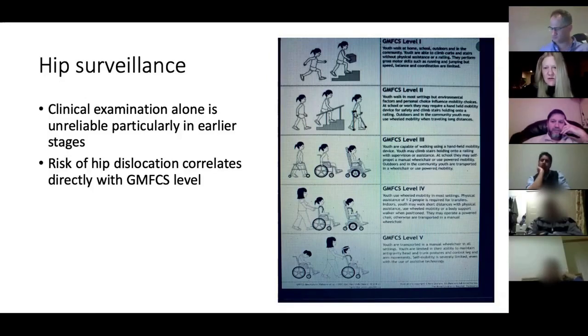That's a chart there, as you can see. 1 is usually ambulatory, 5 is usually wheelchair bound with poor head control. This is available on the internet, and I'd suggest that you get yourself a little bit familiar with it so that you can recognize it should you be faced with this kind of child in the exam.